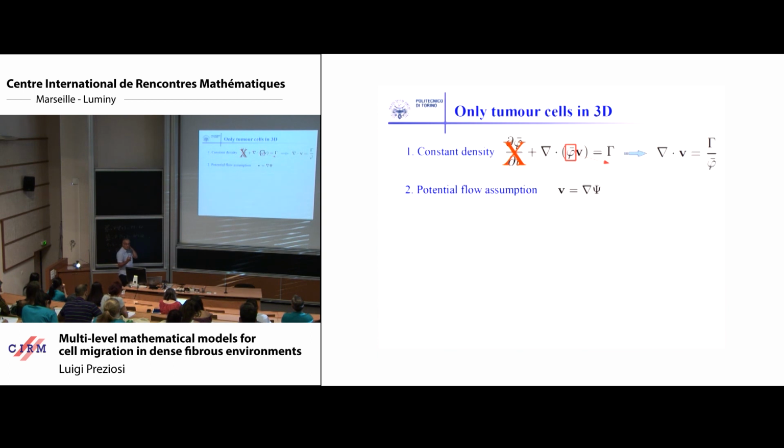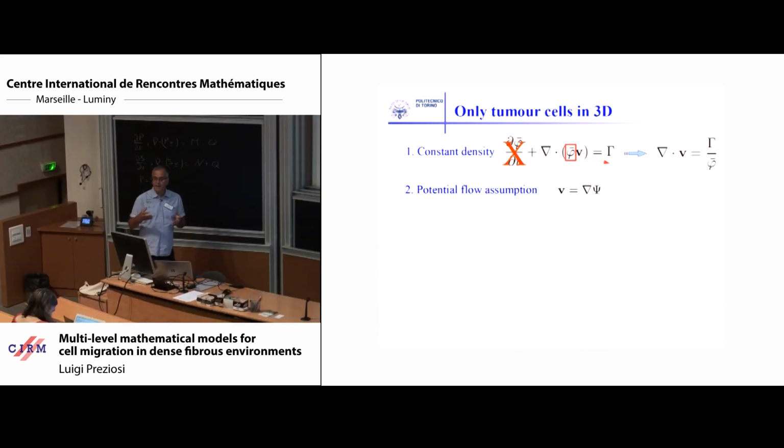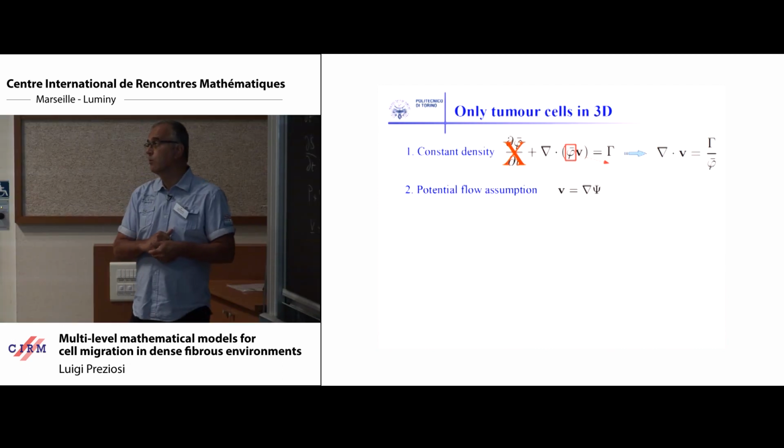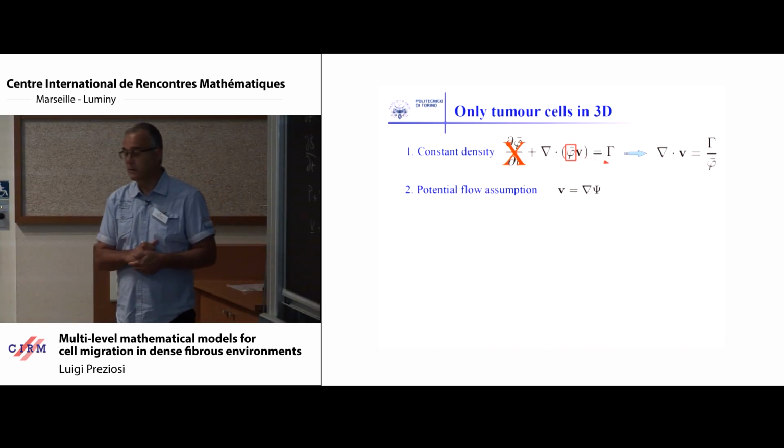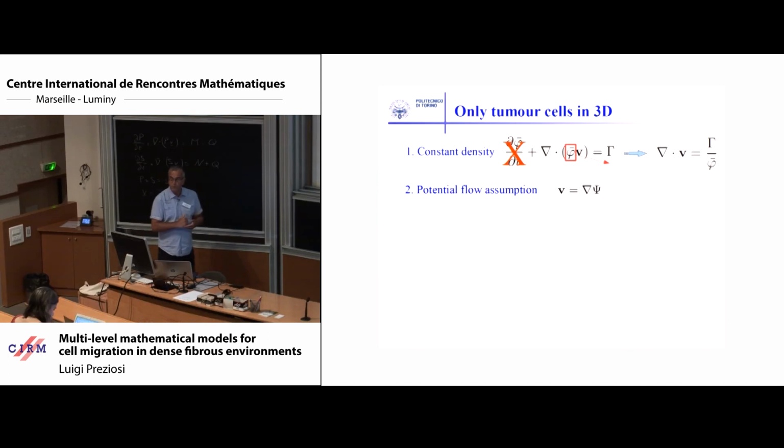So in some sense, you are saying that the cells rearrange and move in the easiest way possible to reach one place from another. They don't do vortices or anything like that. It's a plausible assumption that, by the way, I will justify in a couple of slides, from the mechanical point of view. But take this equation now as an assumption.